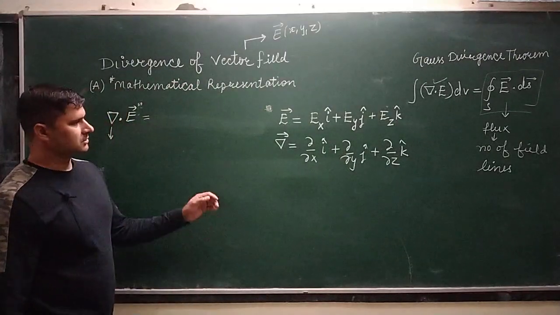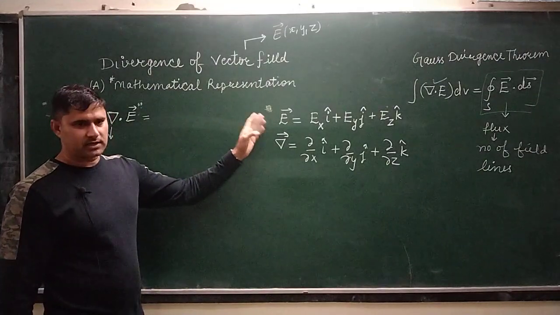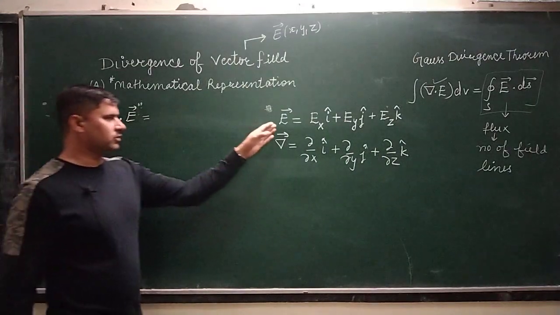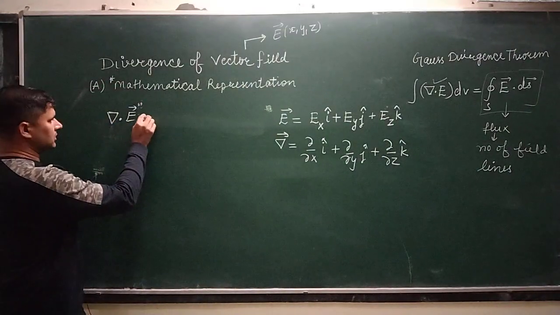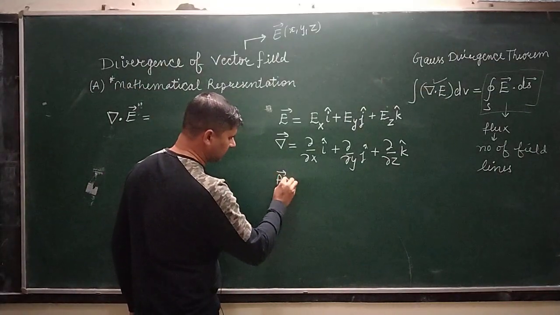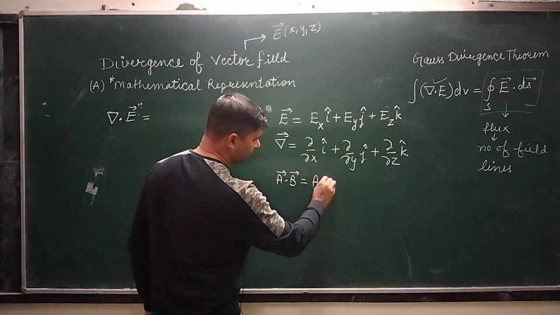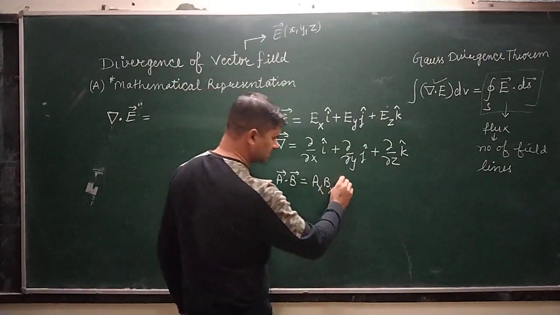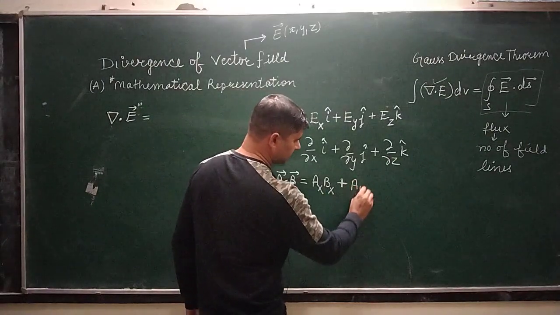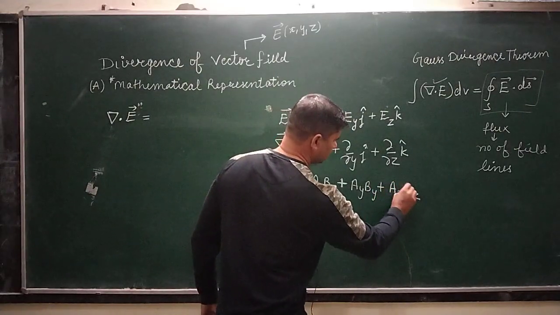And if you take the dot product of del operator with this electric field, then you will get the divergence. In dot product the corresponding components get multiplied. So if we have vectors A and B and you find their dot product, then the corresponding components of A and B along x direction get multiplied, and you sum all these products: Ay into By, then Az into Bz.